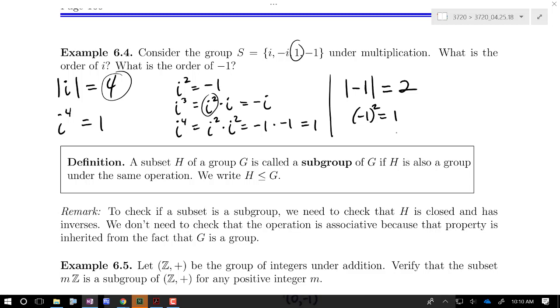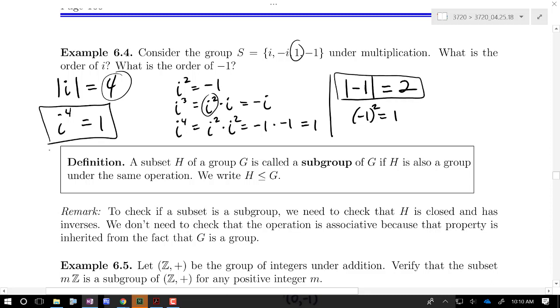In fact, we've answered the questions posed in this example, but as we were going through and finding these different powers of i, note that i to the first is i, i squared is negative 1, i cubed is negative i, and i to the 4th is 1.